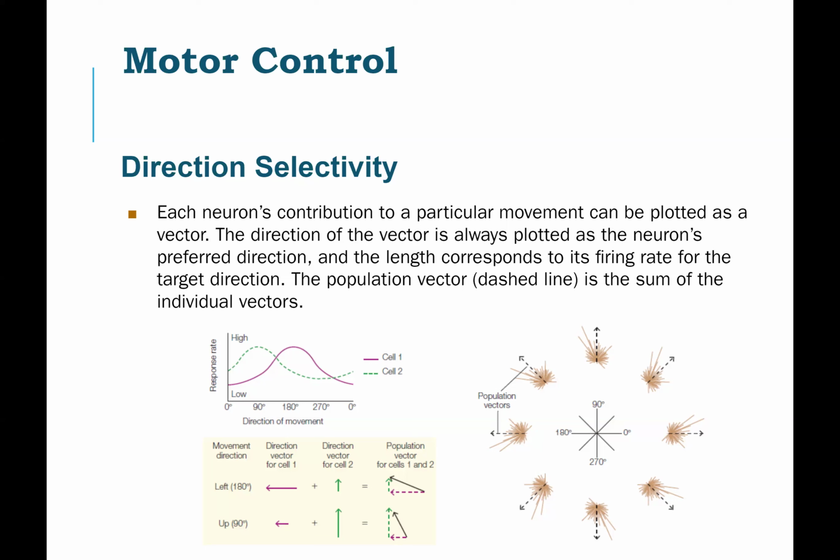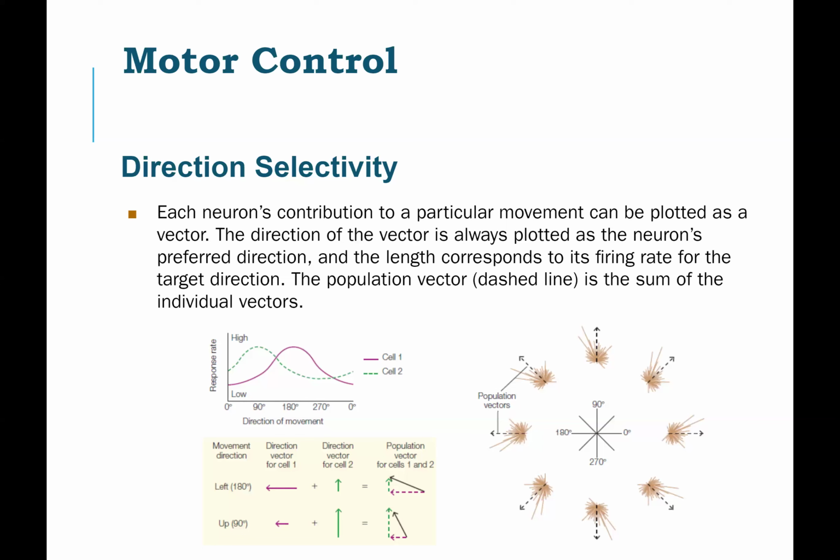Does that make sense? So, for example, imagine I'm standing here and there are people around me, and I'm tied to a rope and each of them has one end of the rope and they're pulling me in different directions. Does that make sense? So those are the cells and they have preferred directions.